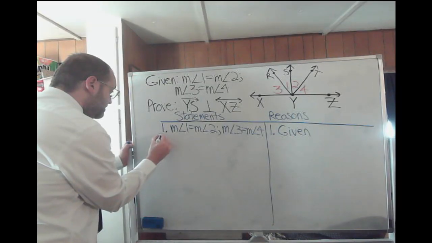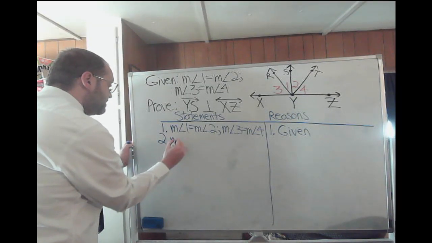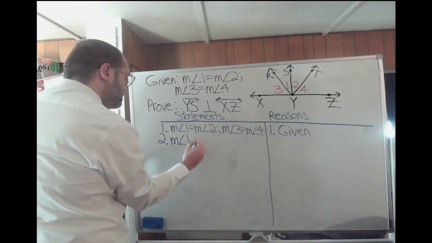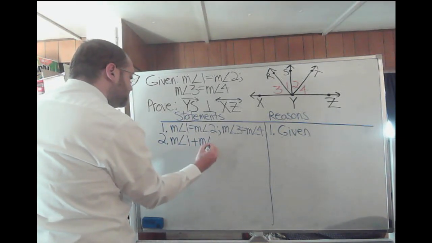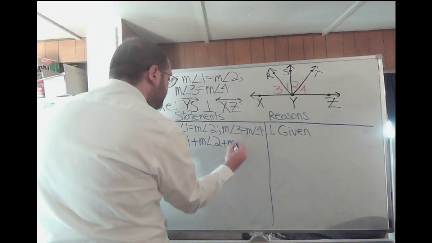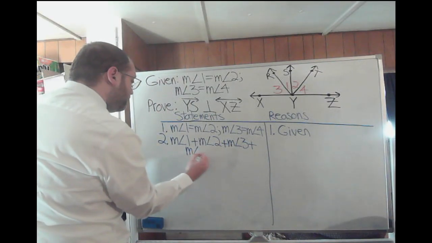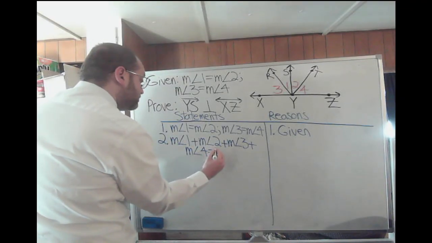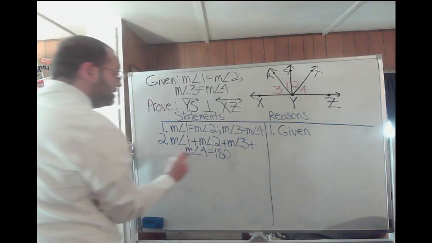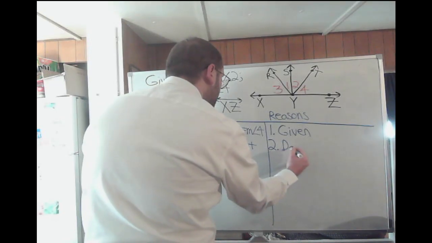So let's go ahead and do that here. We'll say the measure of angle 1 plus the measure of angle 2 plus the measure of angle 3 plus the measure of angle 4 is equal to 180. And that's going to be by the definition of supplementary angles. That's all we can say there.